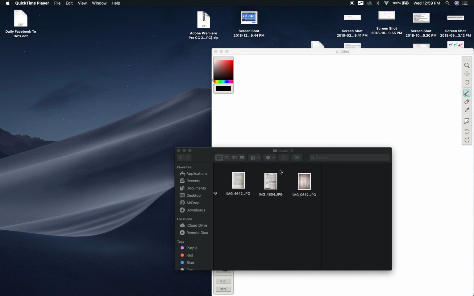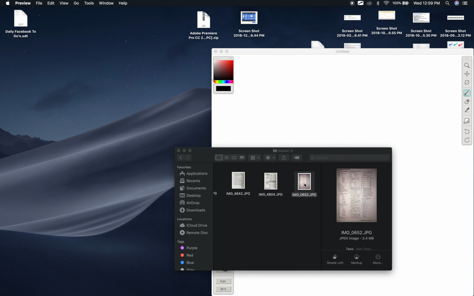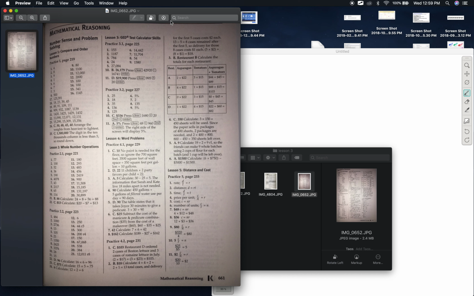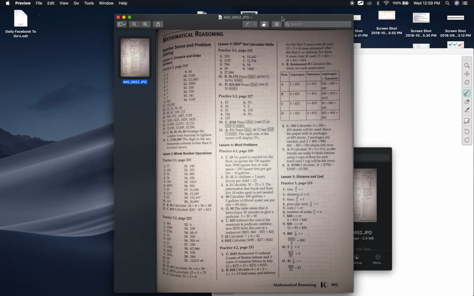This is page 228. First off, just because it's something good to know, I'm going to show you the answer key for the lesson that we're doing, in case you don't understand everything in this lesson.